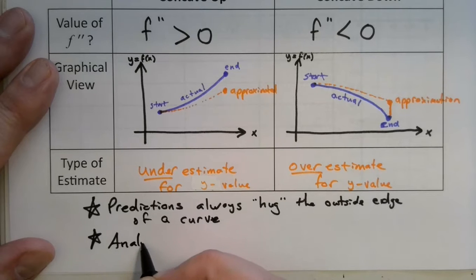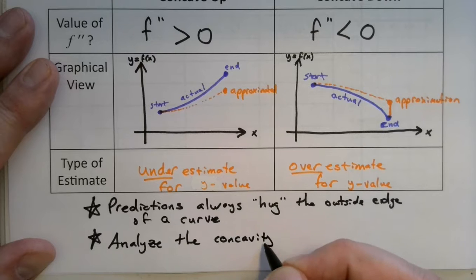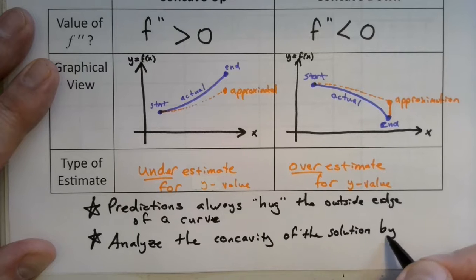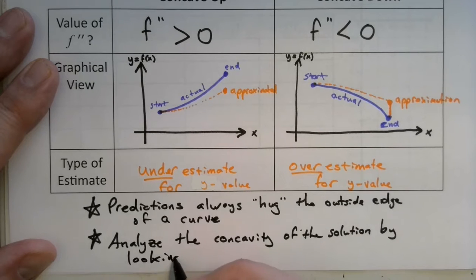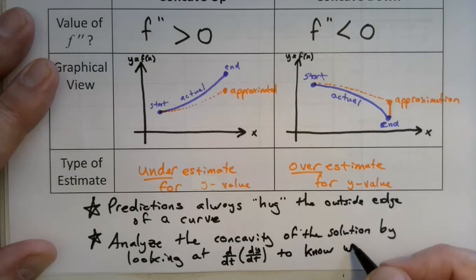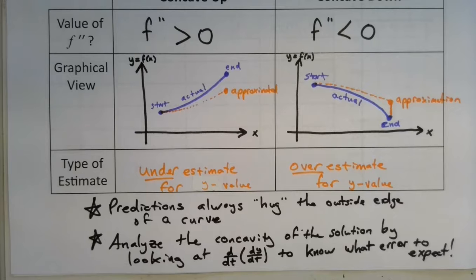So we analyze the concavity of the solution by looking at the derivative of the derivative to know what error to expect. We know what error to expect just by taking a look at the derivative of the derivative.